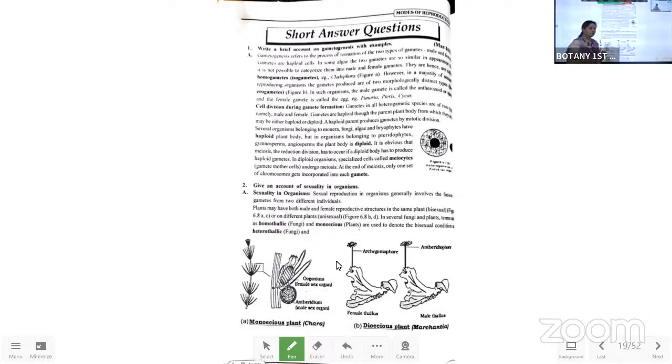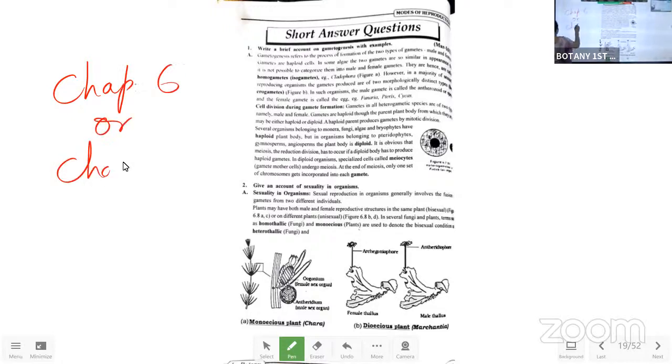Then we have to go with the SAQs. The SAQs we can expect from chapter 6 or chapter 7, because that is 1 unit only, unit 3.